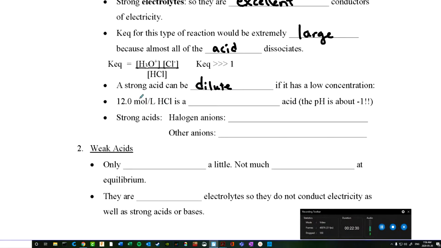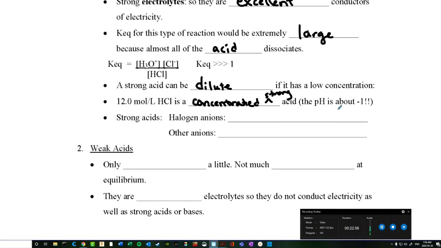And you can also have a strong acid that's very concentrated. So for example, 12 mole per liter hydrochloric acid is a concentrated strong acid.